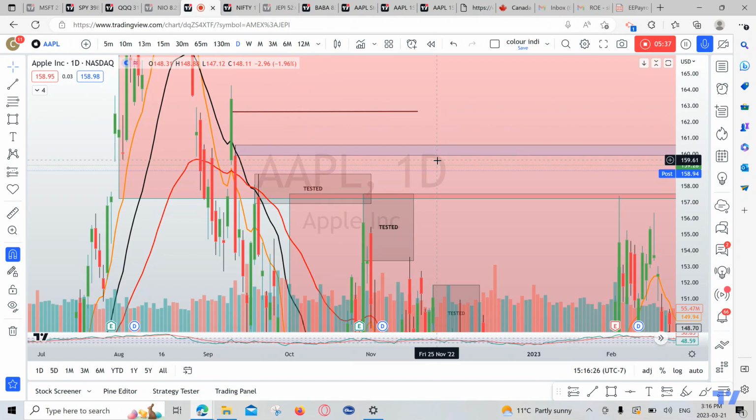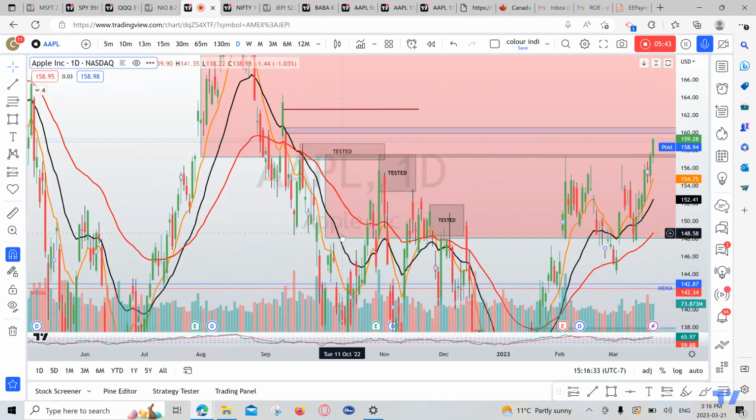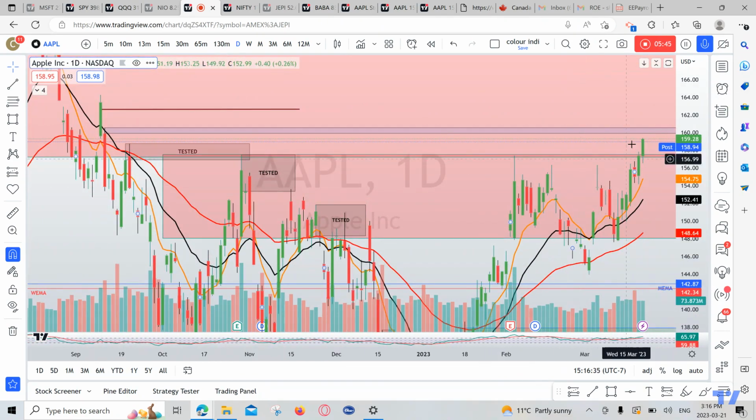Make sure you're trying to understand and grasp the logic here, because I trade on logic. I don't just trade blindly. And why I'm shorting with such momentum in the stock is because of the market. Apple has weightage in SPY, so I'm taking support of SPY and then shorting it. And I have my risk managed in it.